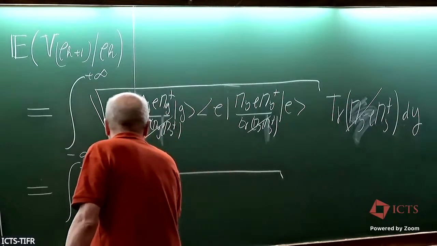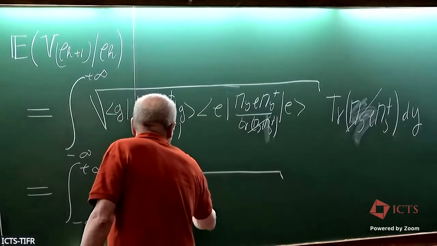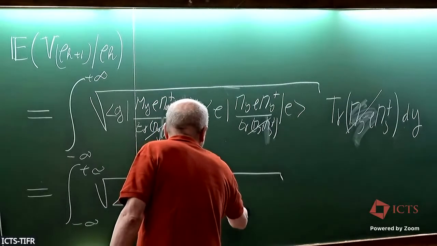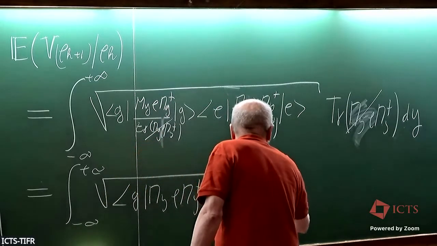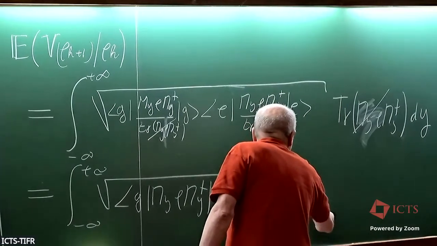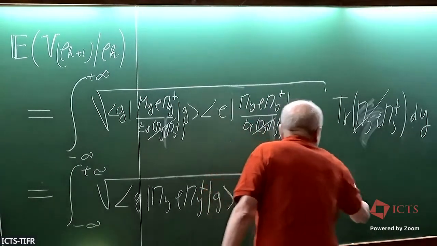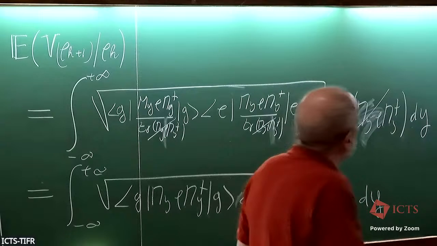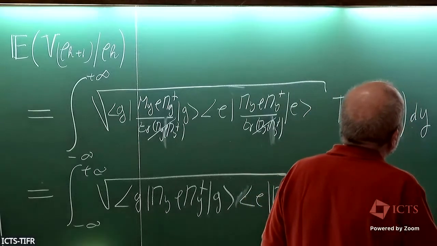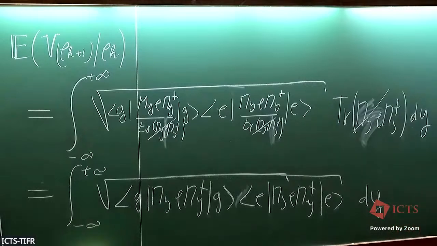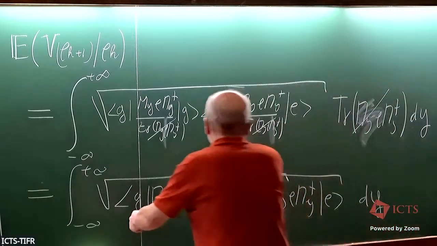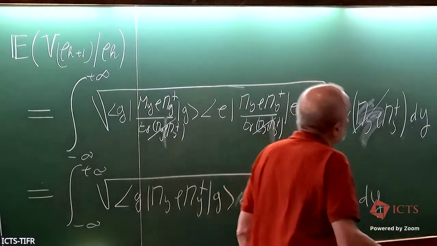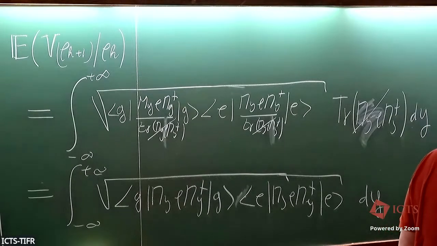And what you have to compute is this. Okay. And you take this, and you put GG on one side, you put EE on the other side. So at the end, what you obtain is the product of these two guys, and take the square root.